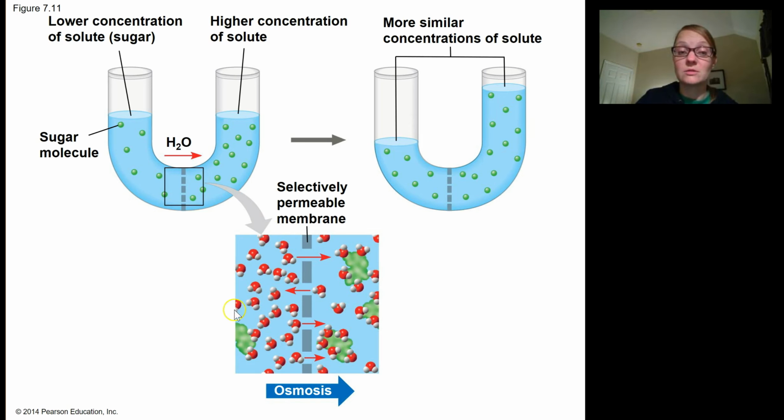So the free water molecules, their concentration is higher on the left-hand side because there's less sugar, and so the water will move down its free water concentration over to the right-hand side where there are more sugar molecules, right? And again, you have the exact same result, that water migrating from the left to the right-hand side to try to dilute out all of those sugar molecules on that right side.